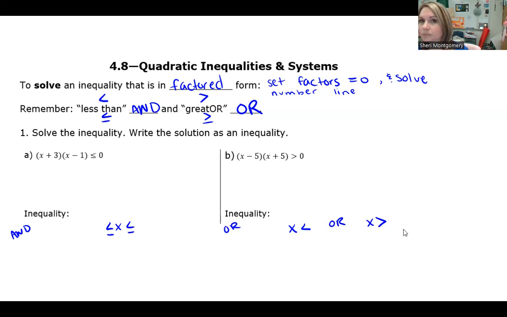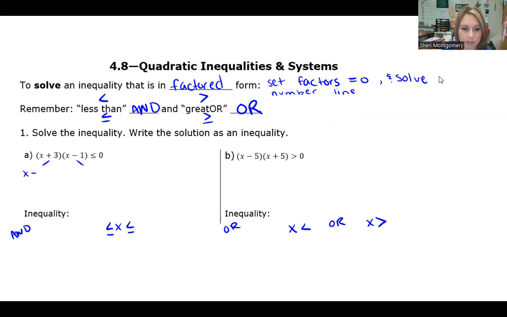So to figure that out, we have the factors. So if it's in factored form, it's super easy. I'm going to set each factor equal to 0 and solve. That's our first step. Set each factor equal to 0.